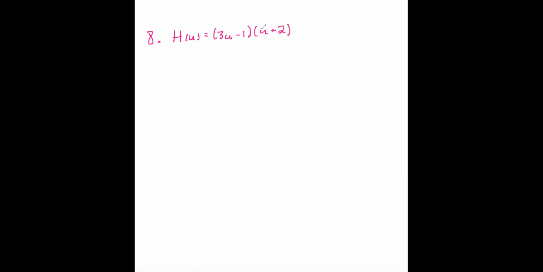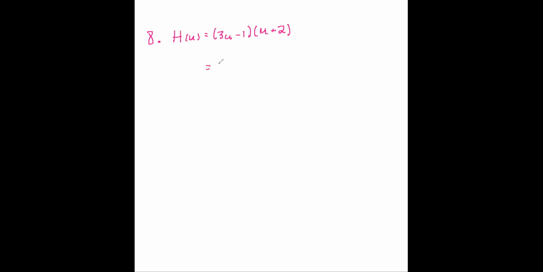So we have this function. How are we going to do this? Yes, there are two ways that we could do this. We could go ahead and use the product rule, but foiling it would probably be easier. So let's just do that.